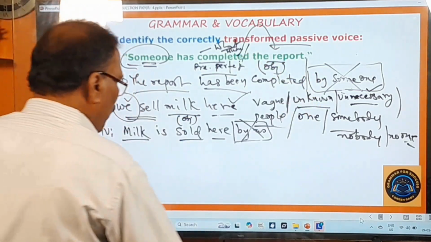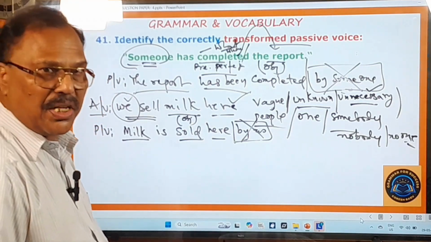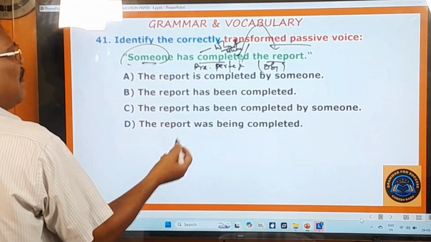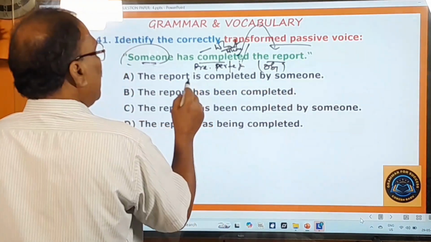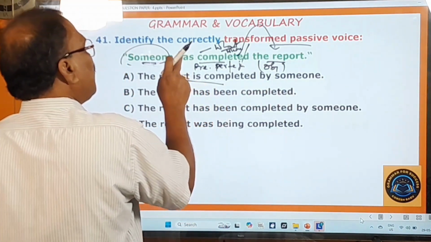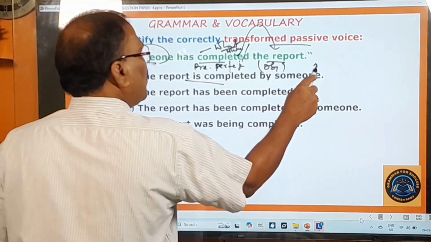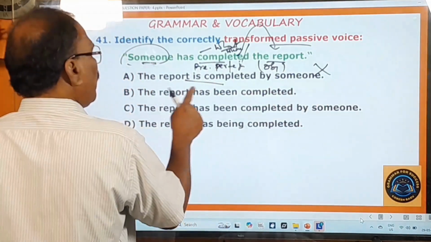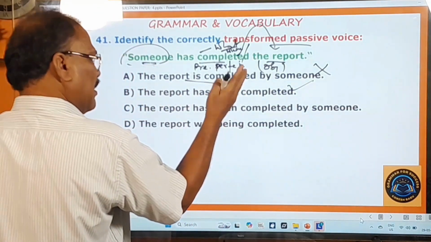And now here you pay attention to the options given here under this question. These are the options given here. The report is completed by someone. Children, is completed. This is in the present perfect tense, but it is in the simple present tense. Therefore, this is wrong. Okay, the report has been completed. This is right. Sister, the report has been completed. It's the right one.